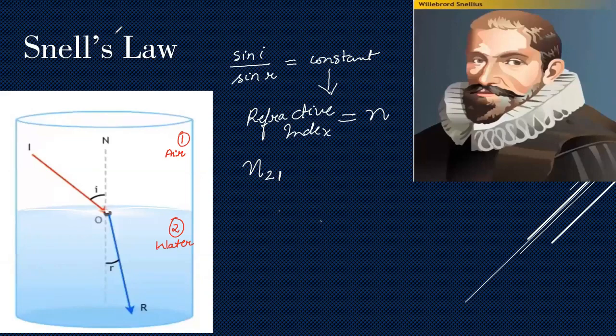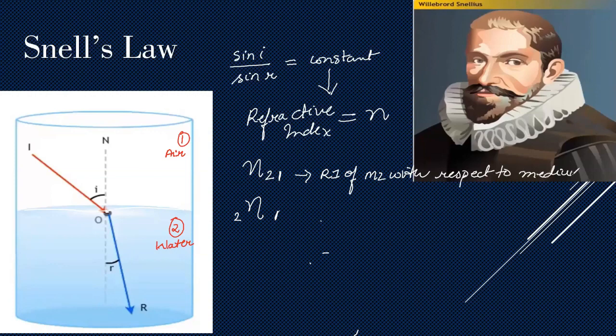In some textbooks, they also show us refractive index of medium 2 with respect to 1. Okay, both are correct. This tells us this is refractive index of medium 2 with respect to medium 1.